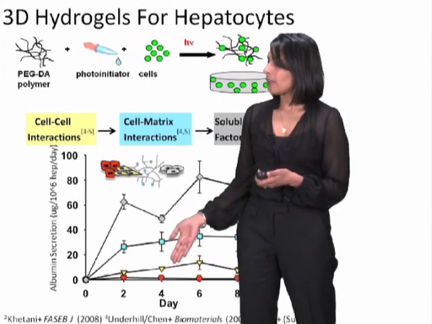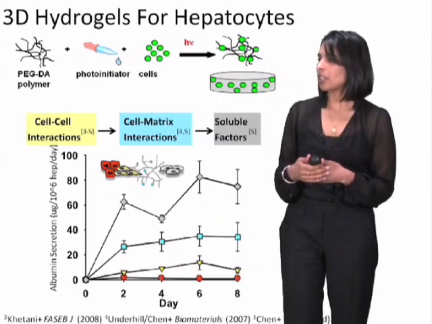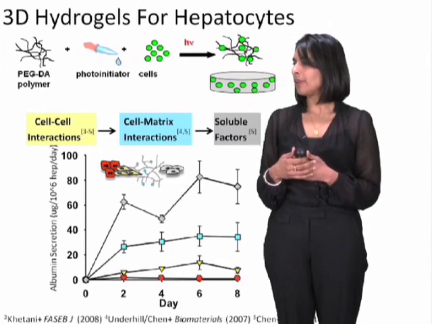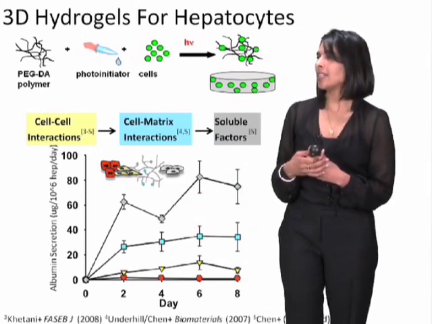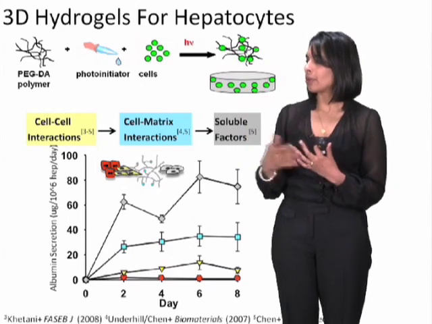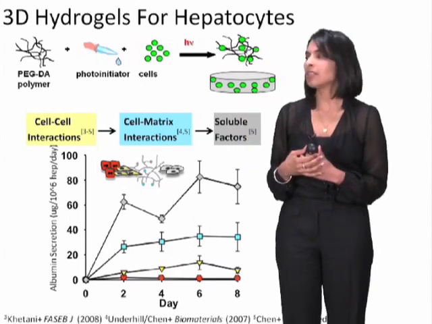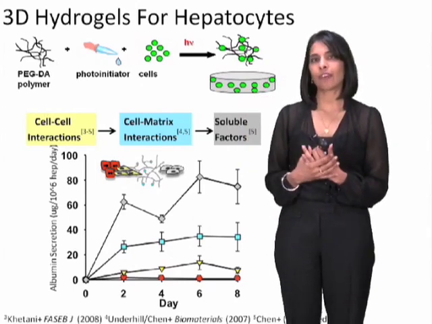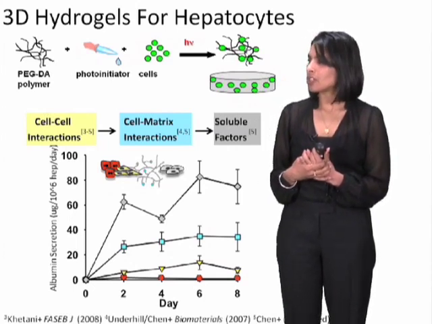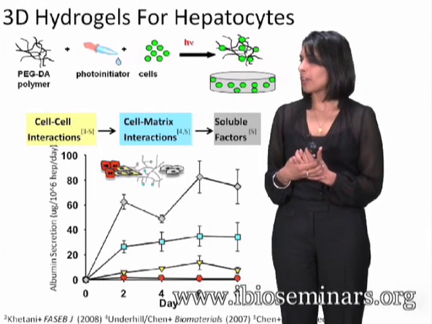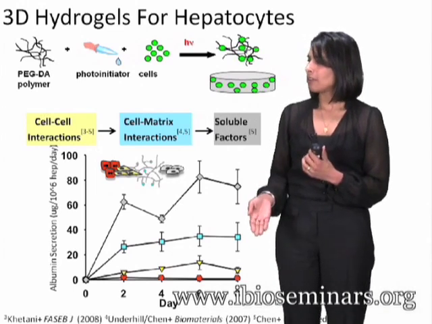If instead you add those supportive cells that I showed earlier, the cells do a little bit better. If one further adds a peptide into this inert polymer, this is an RGD peptide, which mimics the binding site of fibronectin, an extracellular matrix molecule in the liver, as it interacts with the integrins, the receptors on the hepatocytes, one gets even more function.